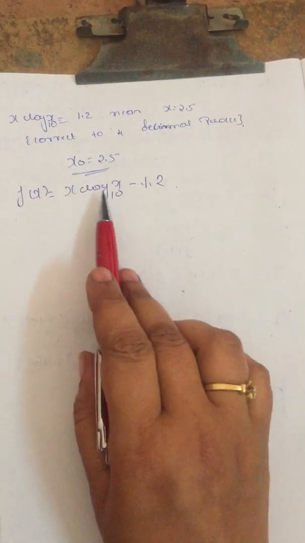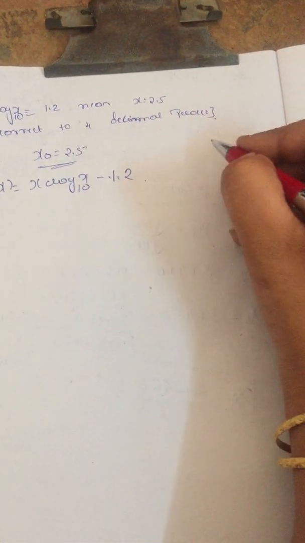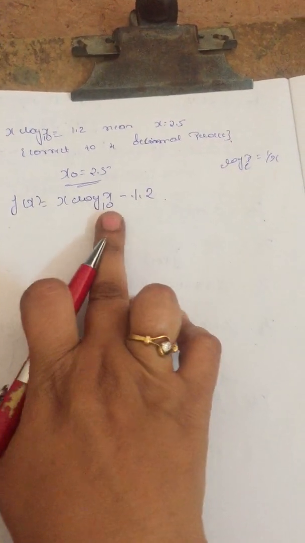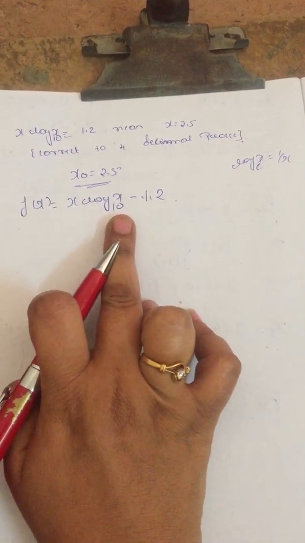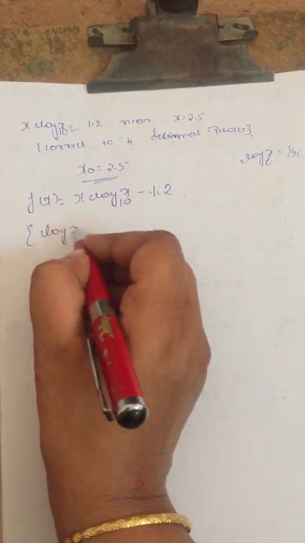Here we know that the derivative of log x base e is 1 by x, but here the base is 10, so we have to convert log x base 10 into log x base e.